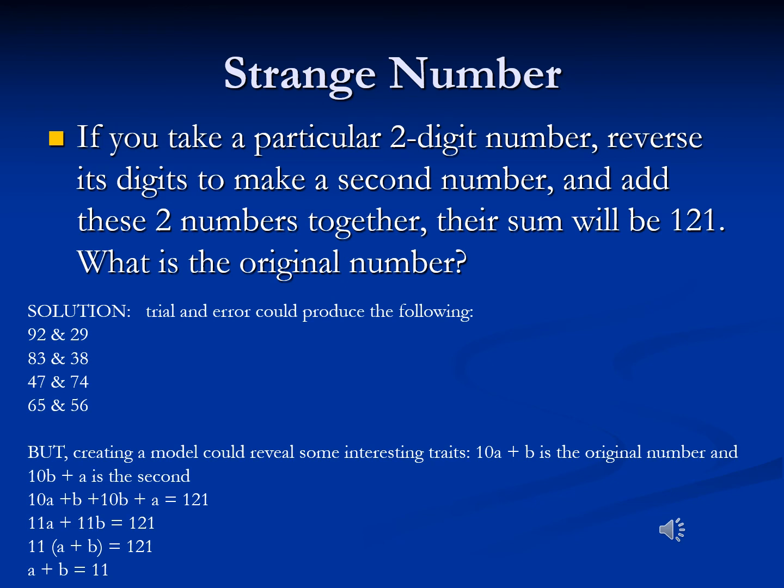Well, there are some patterns that could be revealed if you try to create a model for this. What would the model be? Well, you want to think about place value. So for that first digit, it would be 10 times whatever number 1 through 9 you choose, and then plus the ones column, which we'll call B. So 10A plus B would be the very first original number.